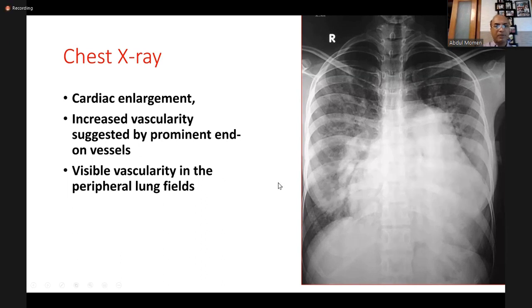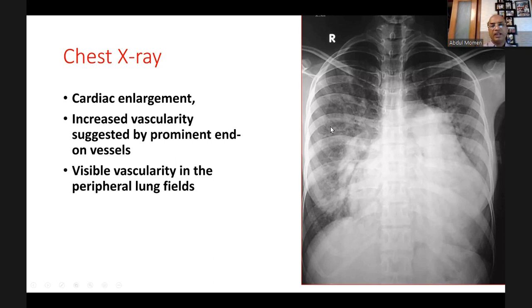Visible vascularity in the peripheral lung field, hypervascularity, is a feature of ASD. But in Eisenmenger syndrome, this peripheral vascularity changes. So hypovascular, hypervascular, normovascular: what does it mean?